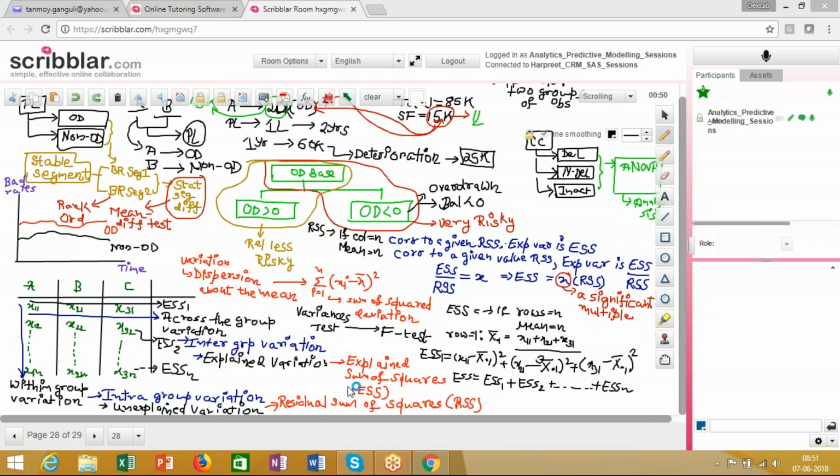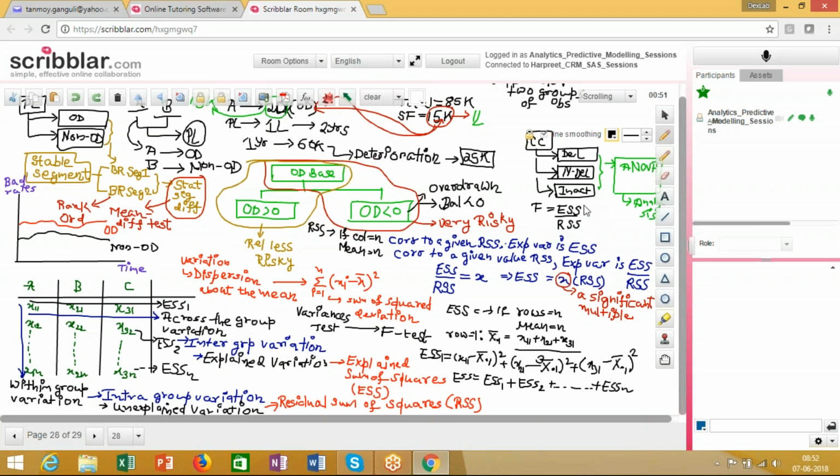The next part is how we compute the statistic. The statistic that we compute over here will be a ratio of two variances: the explained sum of squares by the residual sum of squares. So there is a ratio of two variances, right? So this is the F statistic.